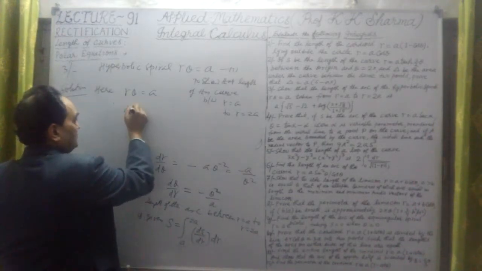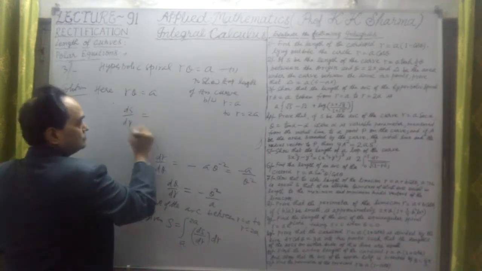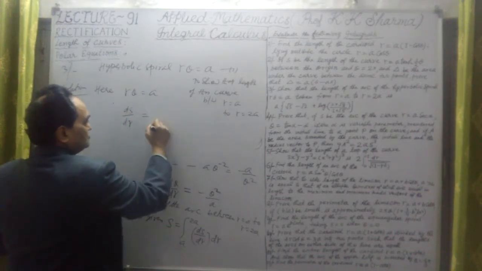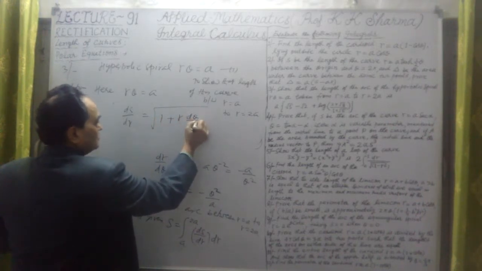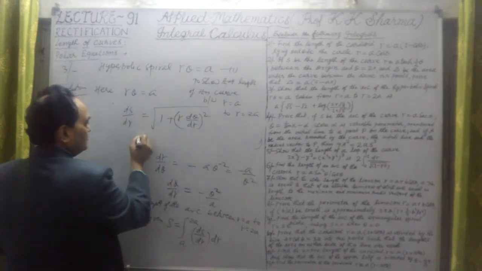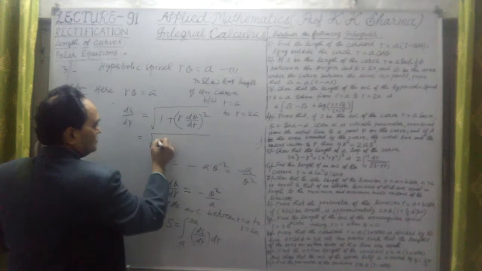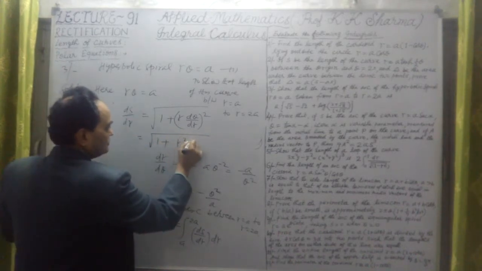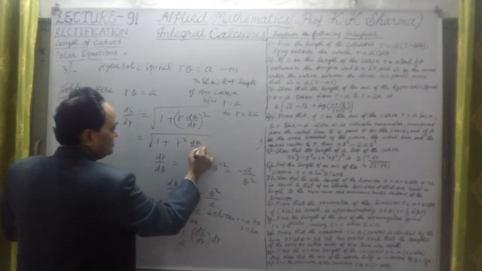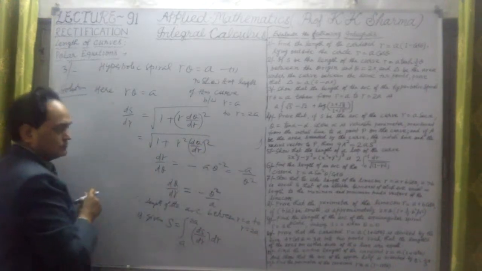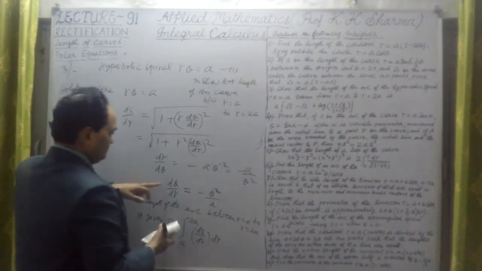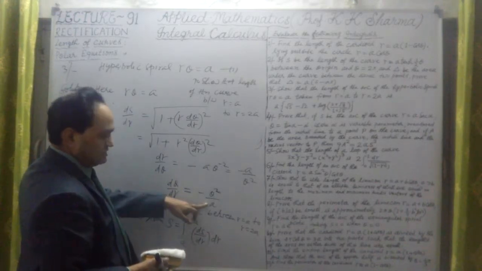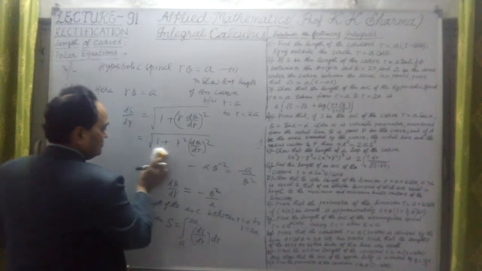So ds upon dr is equal to, we know, the square root of 1 plus r square into d theta upon dr whole square. This is the value. We get d theta upon dr is minus theta square upon a.